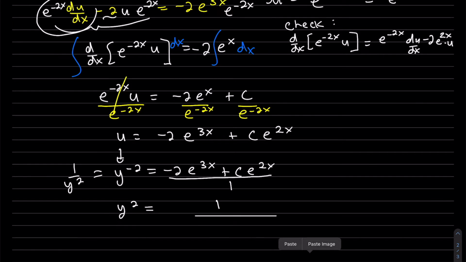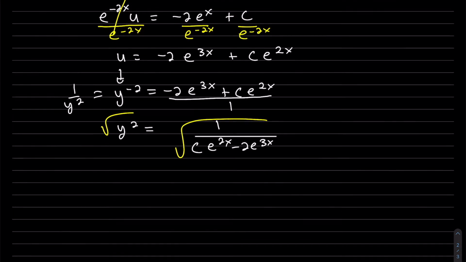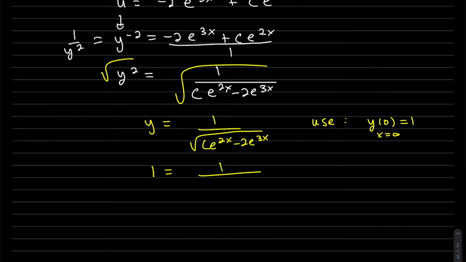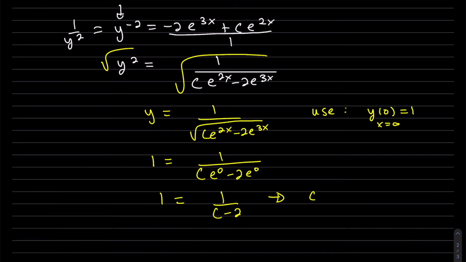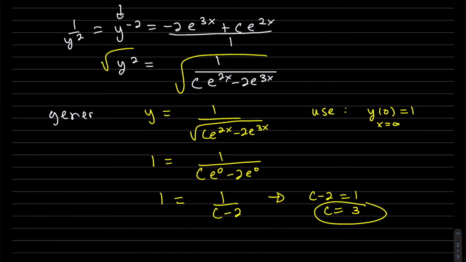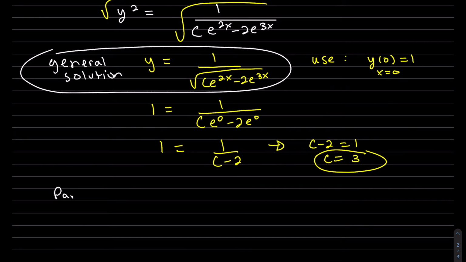Looks prettier if that positive one is in the front. And square root, square root. So this is our general solution and our particular solution.